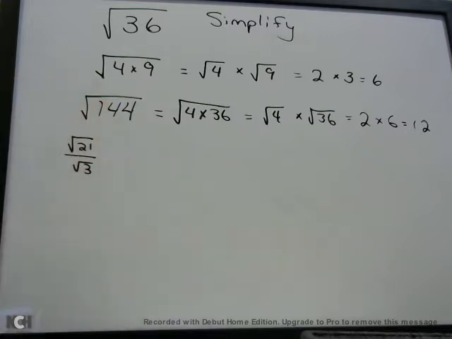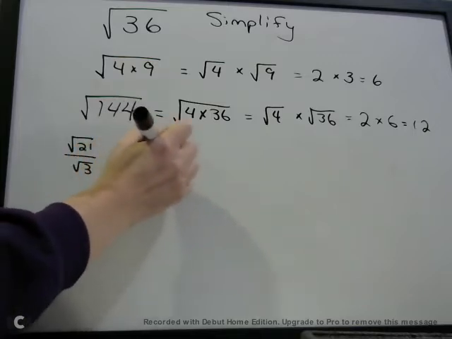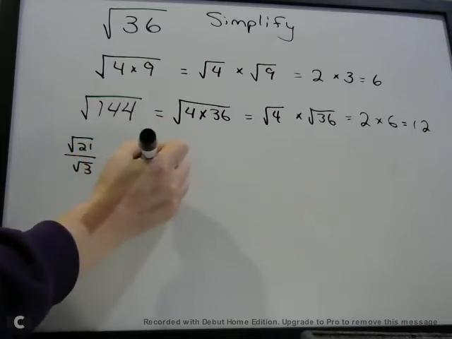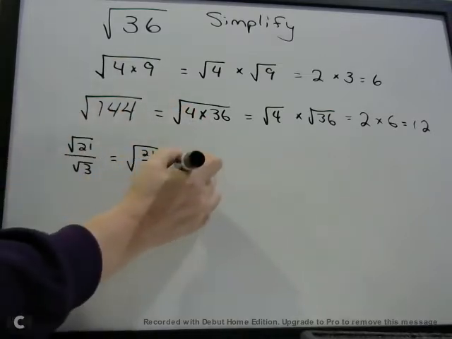Similarly, if you have division, so let's say we had this, and we'll go in the opposite way, where we have the square root of 21 over the square root of 3. Well, we don't know what the square root of 21 is. It's not an even number, nor is the square root of 3. But we can write it like this, 21 over 3, because this is division. Anytime you do multiplication or division, you can combine them.